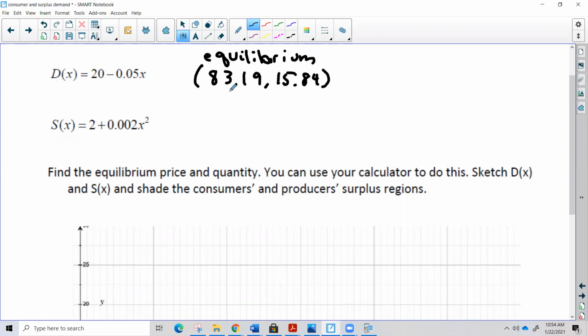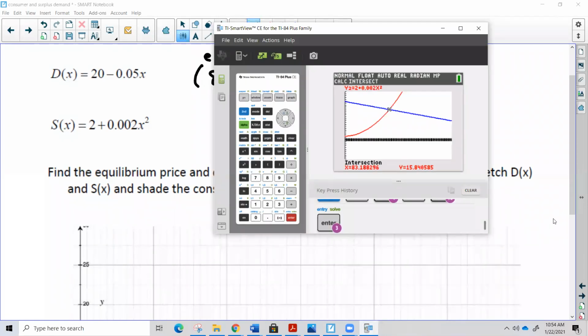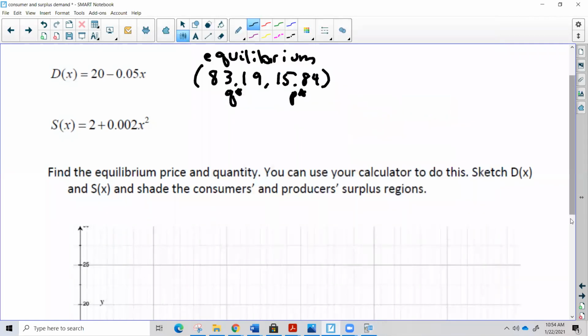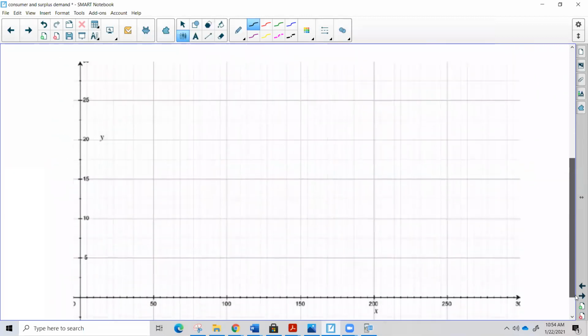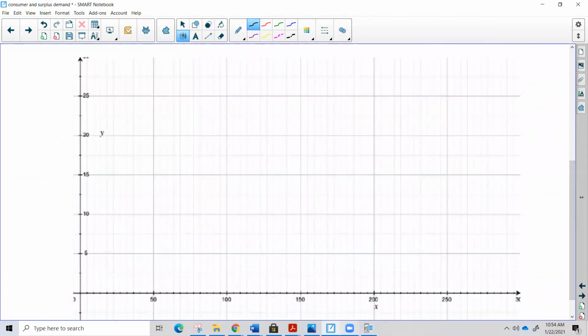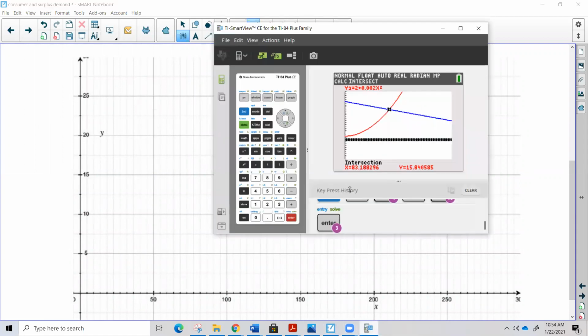And remember, we call this Q star and this P star. Okay, so I have to do kind of rough sketches with this. The main thing that matters when you graph these is where they start, and then the intersection point. The other points don't have to be exact.